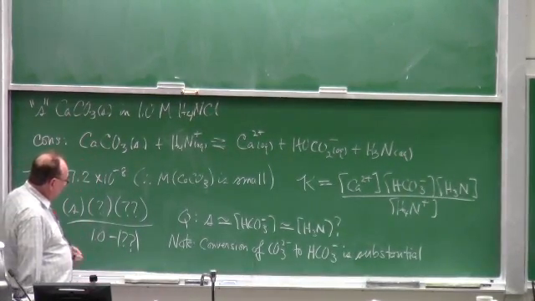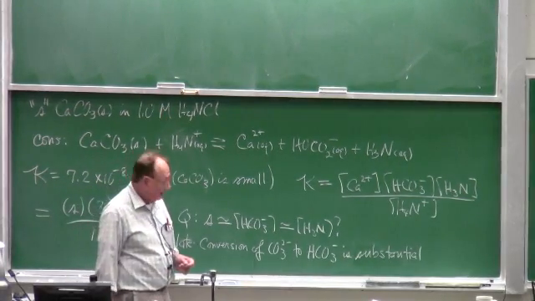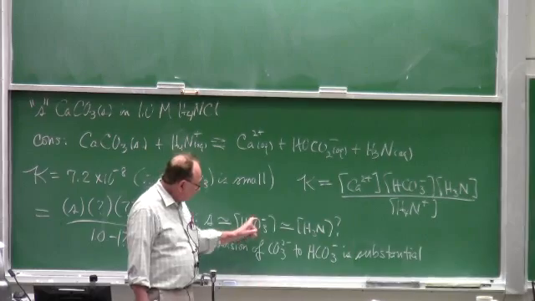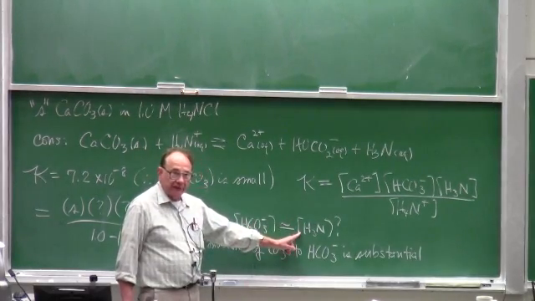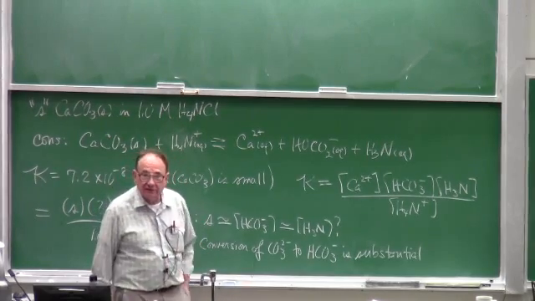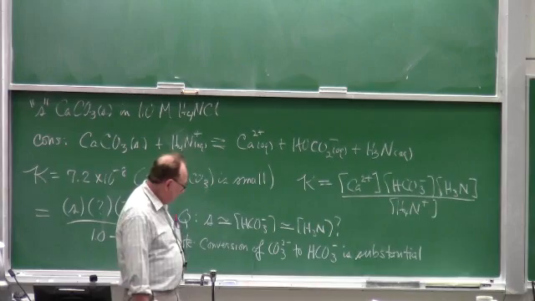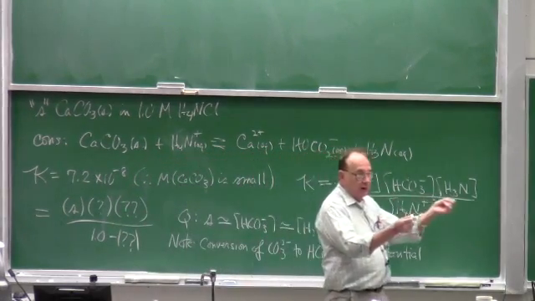So first I pose the question, for this system, is it likely that the bicarb concentration and the ammonia concentration are not only essentially equal to each other, they're also equal to S? Well, let's think about that. First of all, calcium carbonate, water.